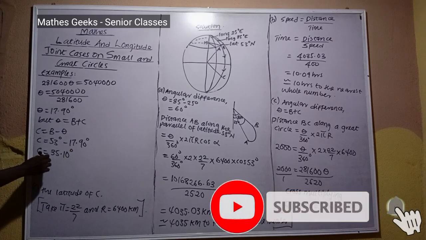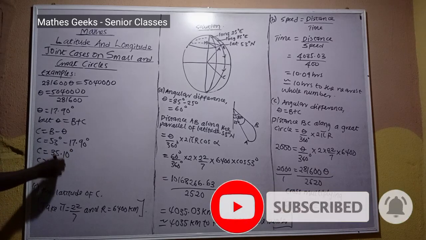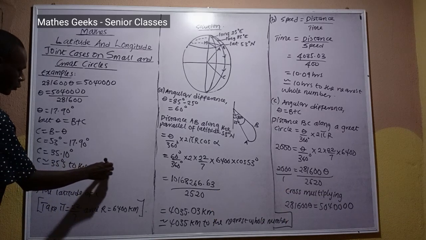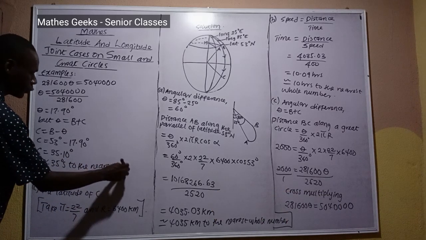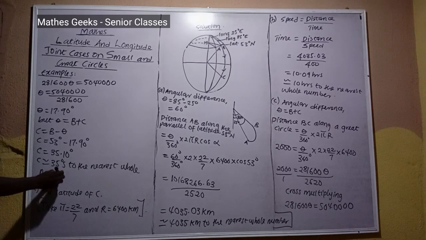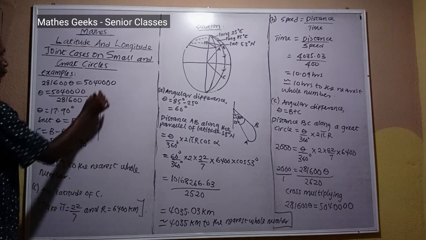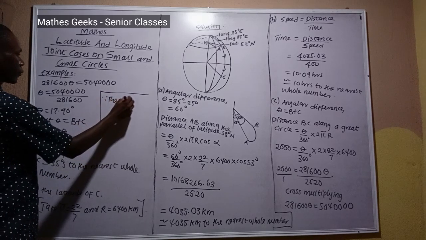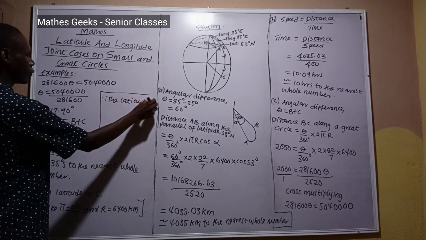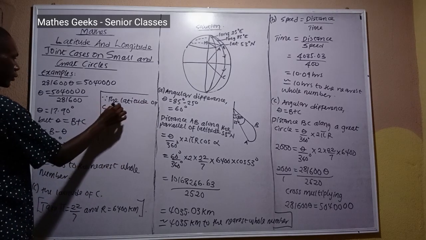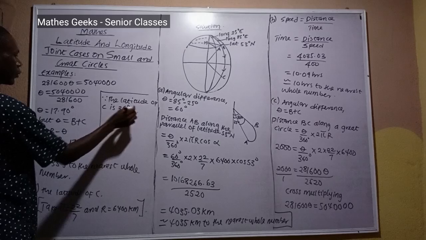So C approximately is 35 degrees south, to the nearest whole number. So therefore, the latitude of C is 35 degrees south.